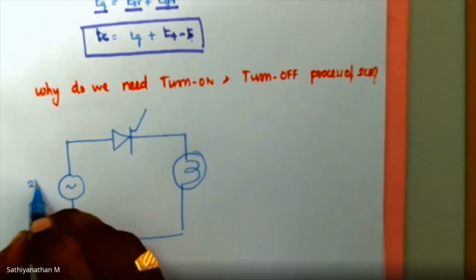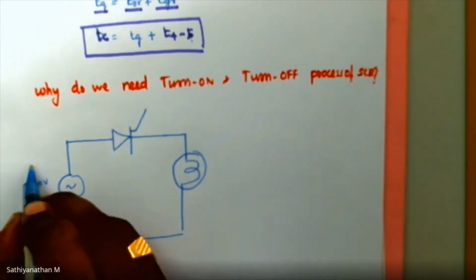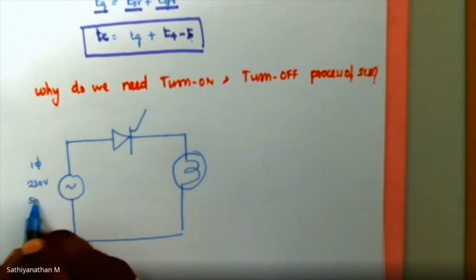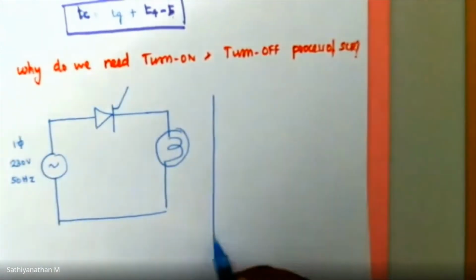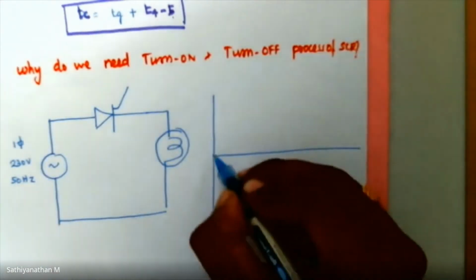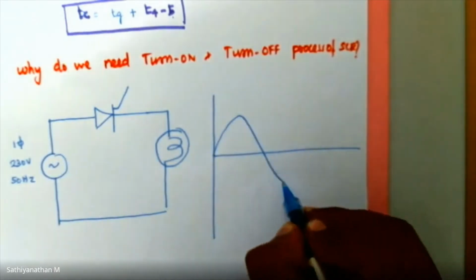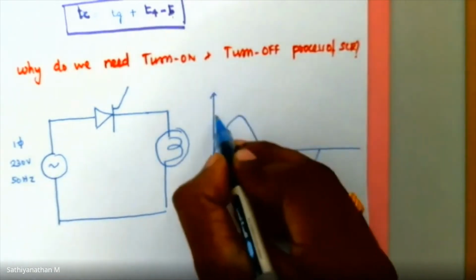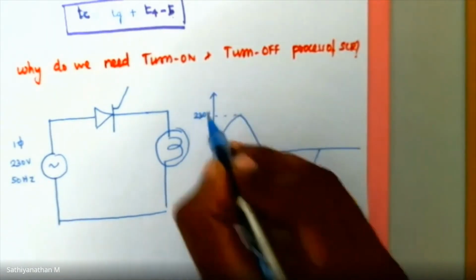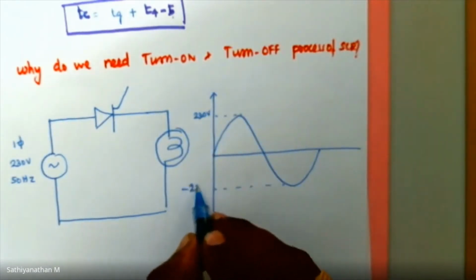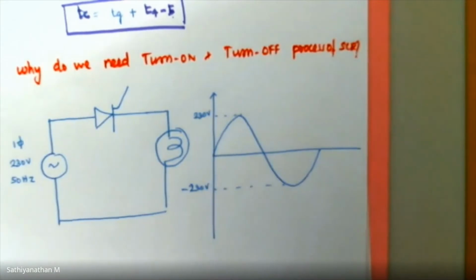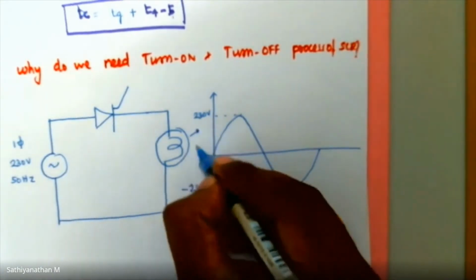So this is a 230 volt, single phase, 230 volt 50 hertz supply, right? And you may have a voltage like this. So this is your positive peak and this is your negative peak, right?